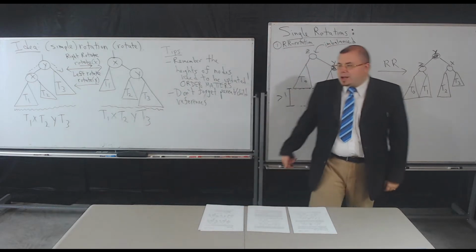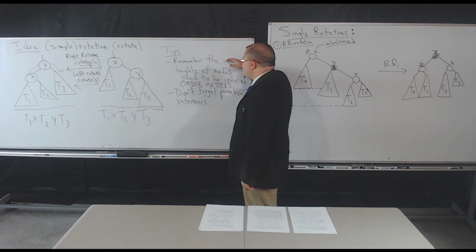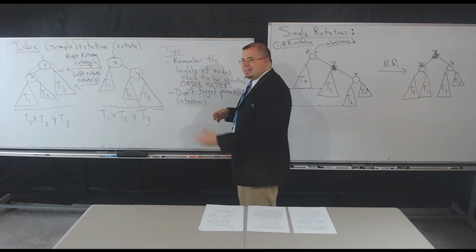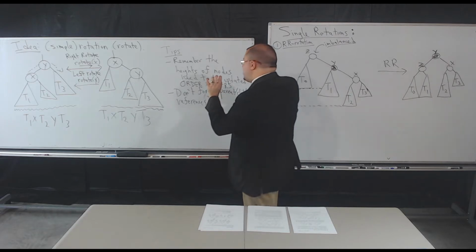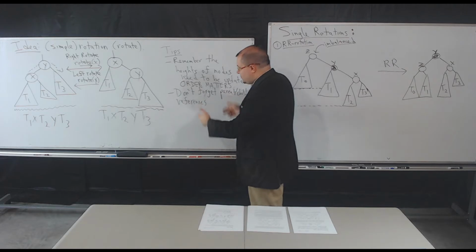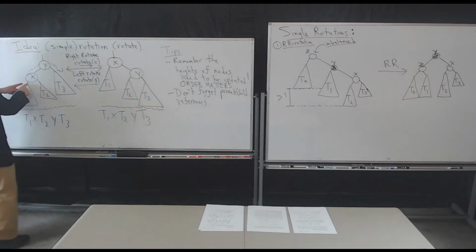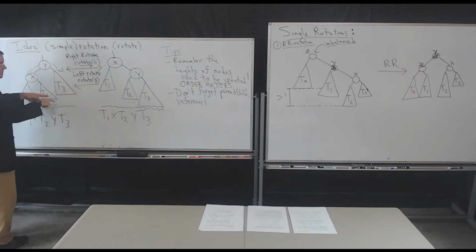Now, I want to give a couple of tips about this. I need to make sure I maintain the heights of the nodes. Notice that these are still subtrees, right?